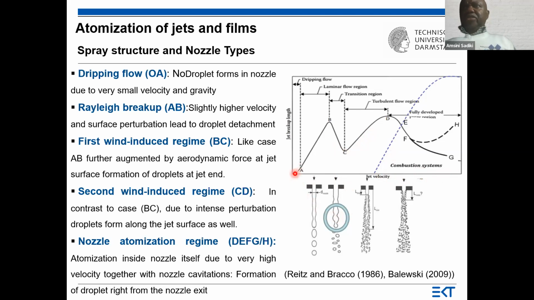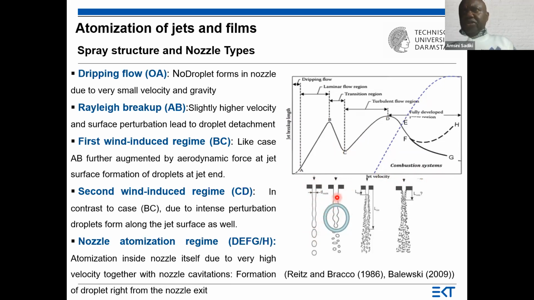If the velocity is very low, let's say laminar, we have no flow, we have no droplets, and the diameter of the nozzle is what it is, and we have the first formation very, very far from the nozzle.